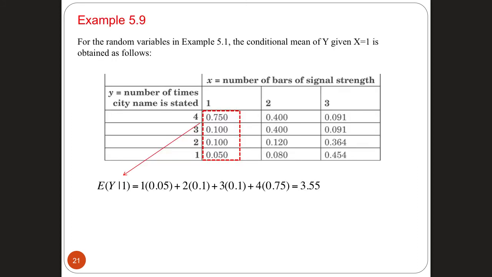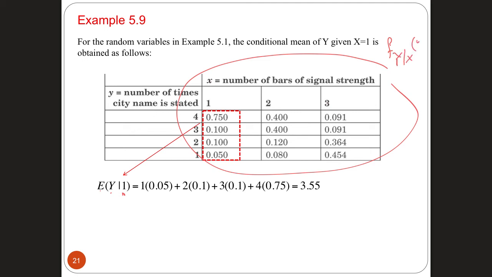And this example shows you how to calculate the conditional. It's just an application of the rules that we have mentioned. For example, if I want to get the expected value of y given x equals 1, then I go, this table is the conditional. This whole table is the one that we built in the previous slide, which is the f of y given x, right?